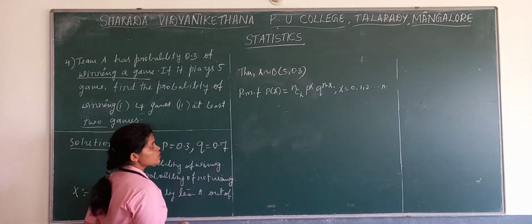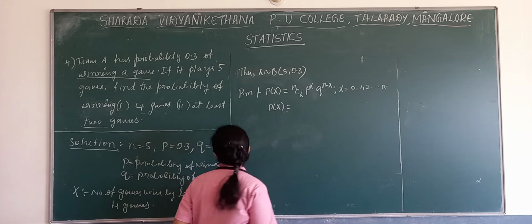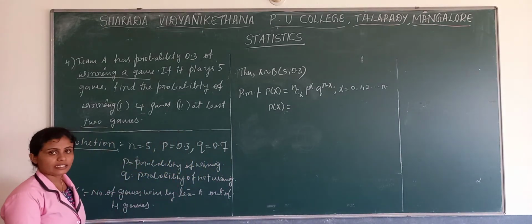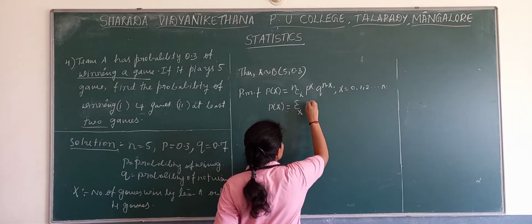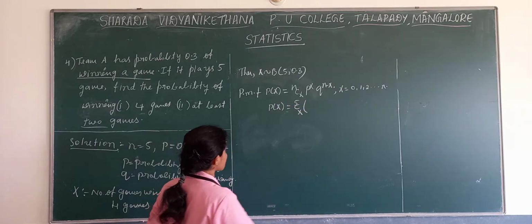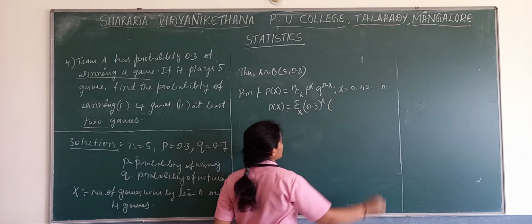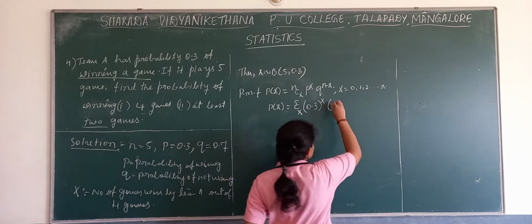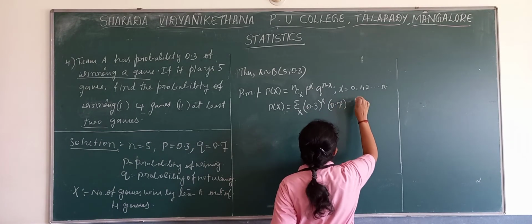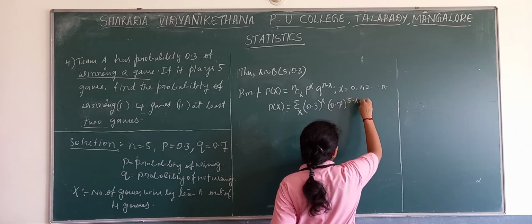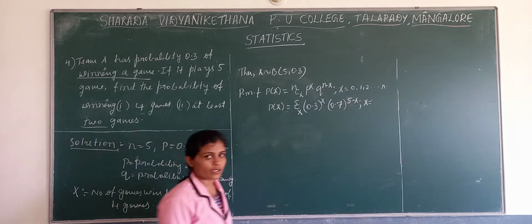Now according to this problem, probability mass function P of X, and what is the value of N? N is 5 there. So 5CX, and the value of P is 0.3 to the power X, and the value of Q is 0.7 to the power N minus X, N is 5 here, so 5 minus X. Now X is equal to, till what is the value of N?